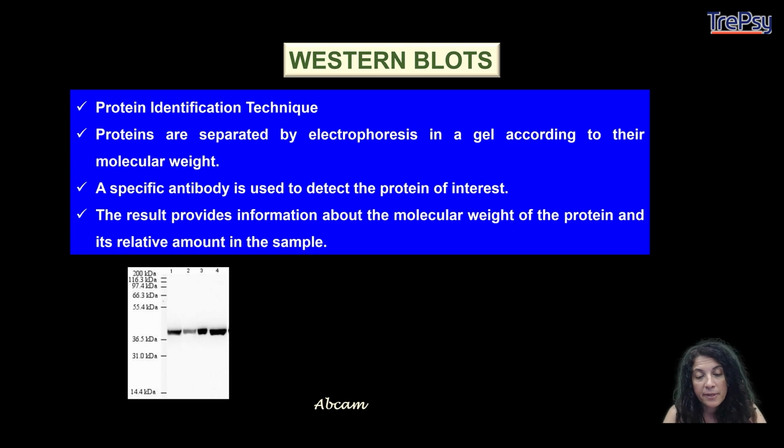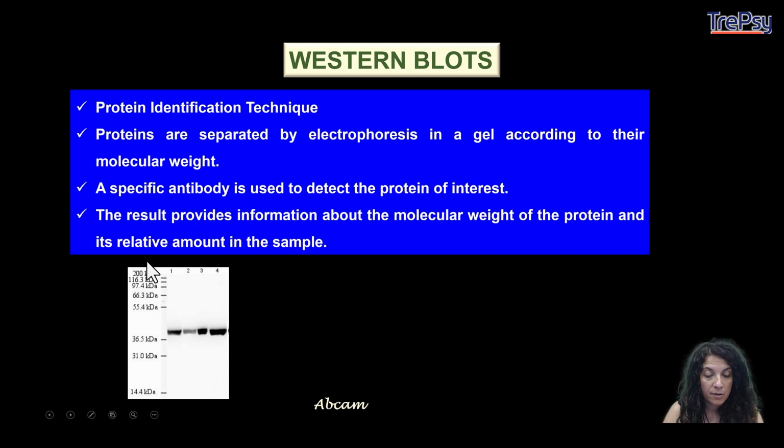Proteins are separated by electrophoresis in a gel according to their molecular weight. A specific antibody, like in immunohistochemistry, is used to detect a protein of interest. So finally, the result provides information about the molecular weight of the protein and its relative amount in the sample.